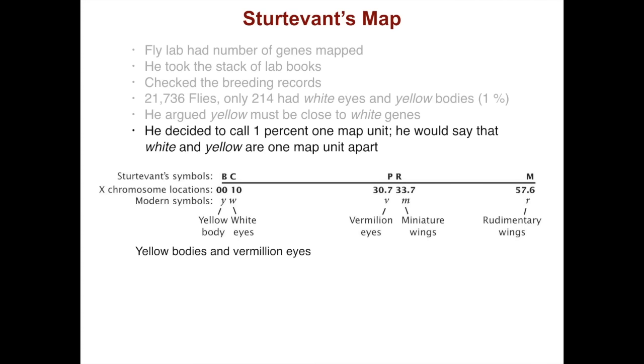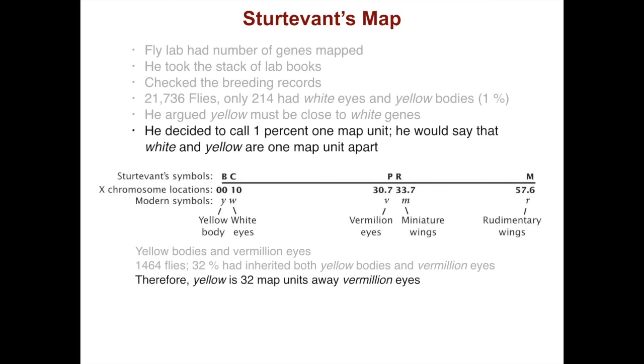He also did similar crosses and looked for flies that had yellow bodies and vermilion eyes. And he found that 32% of them would become recombinant, which is a much greater number. Therefore, yellow is 32 map units away from vermilion. Then he looked for flies that had both white and vermilion eyes.